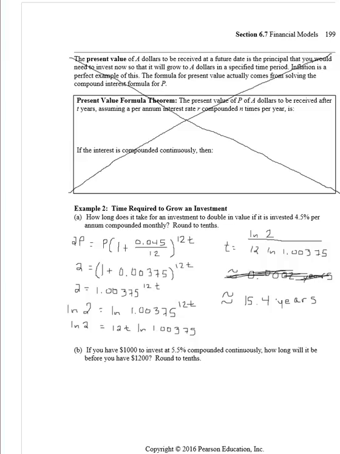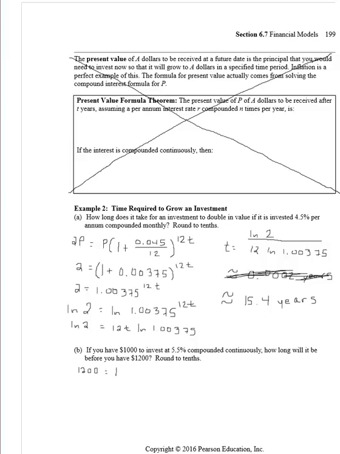Okay, and the last problem. We have $1,000 to invest at 5.5% compounded continuously. How long will it be before we have $1,200? So we want to end up with $1,200.